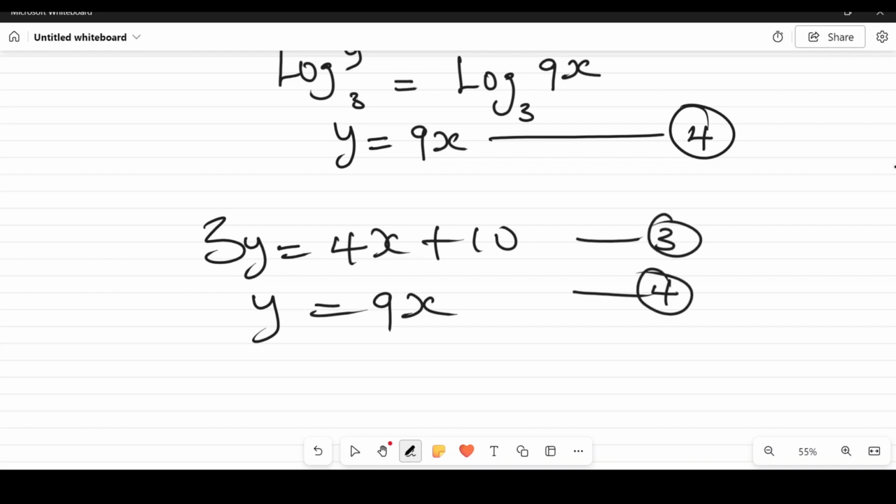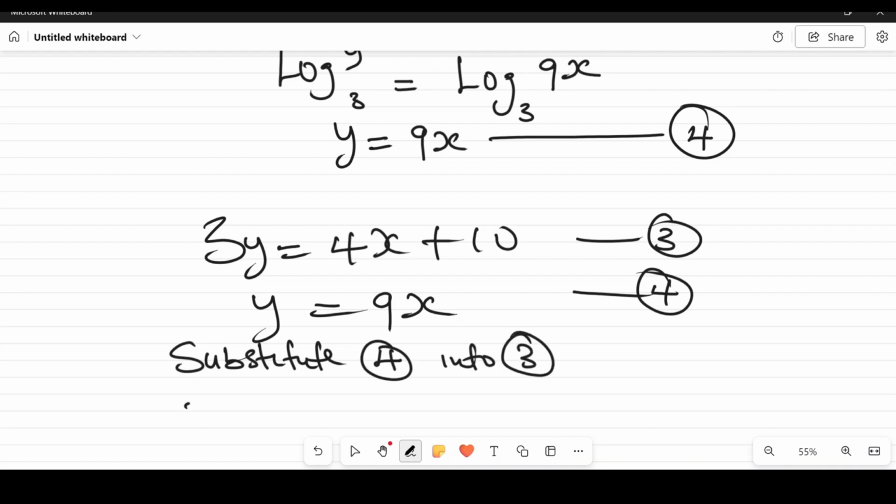To obtain the values of x and y, we substitute equation 4 into equation 3. Our equation becomes 3 bracket open 9x close bracket equal to 4x plus 10.